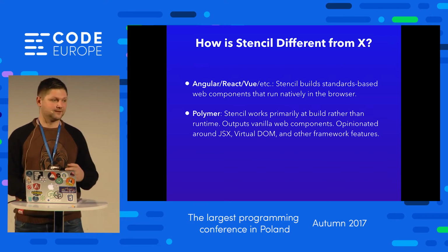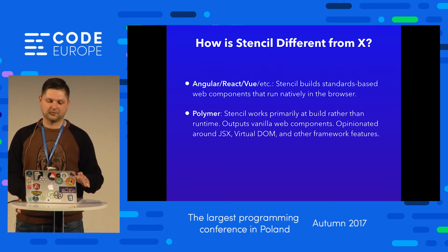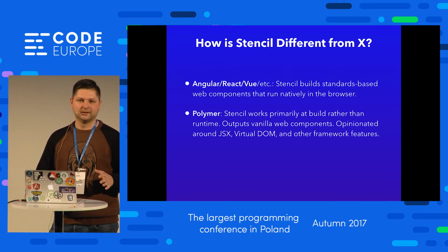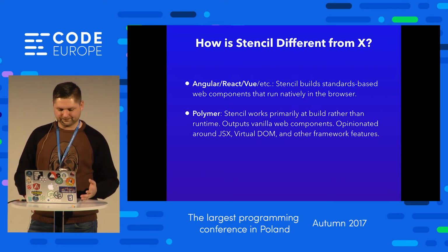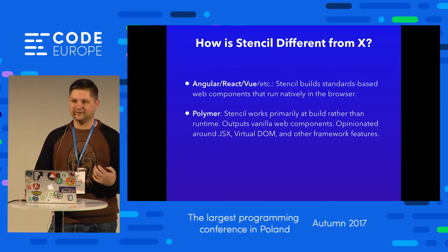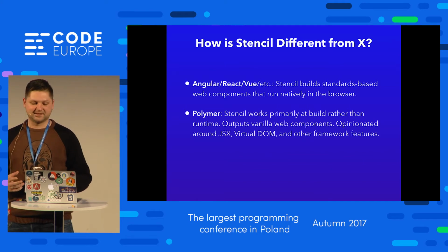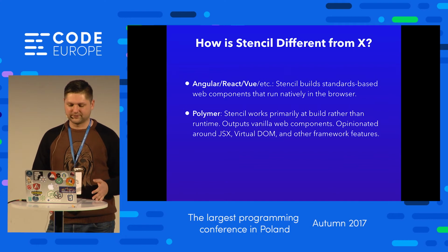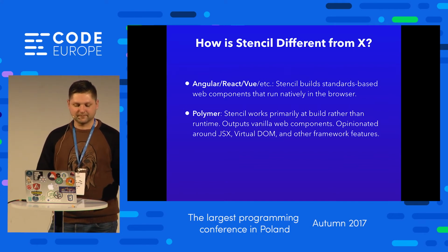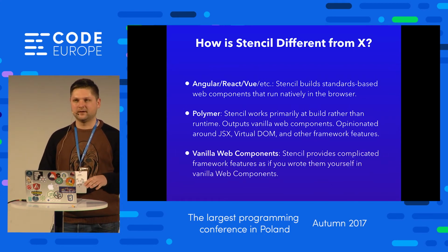Another thing that is pretty similar to Stencil, a framework for web components, is Polymer. It's also created by Google. Unlike Polymer, Stencil doesn't have its own template syntax, own binding, or own helpers for everything, and it uses non-opinionated things like JSX, Virtual DOM, and so on.